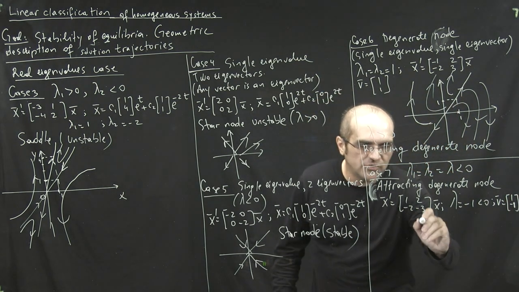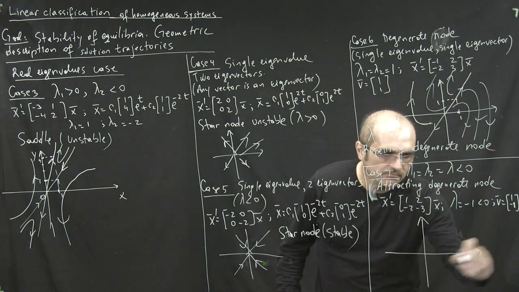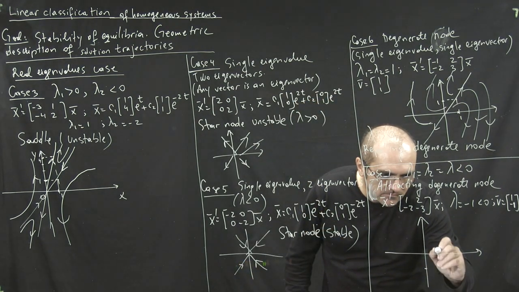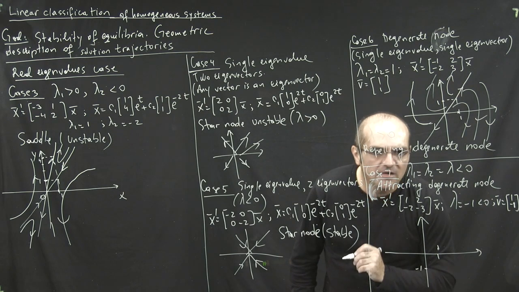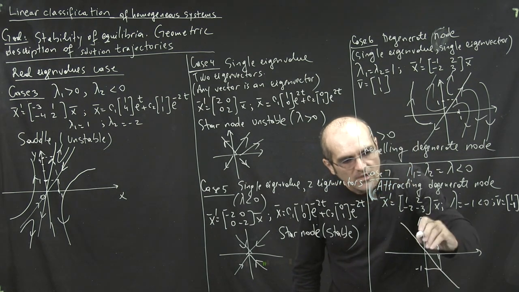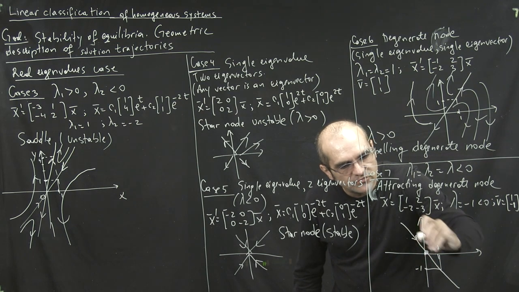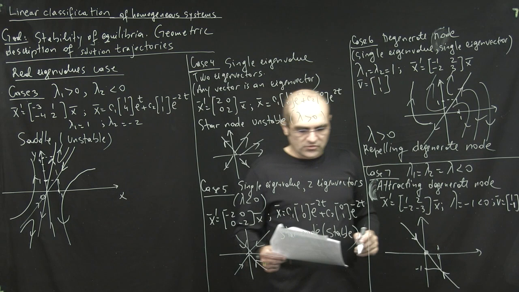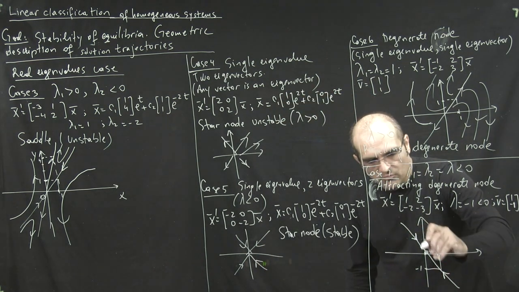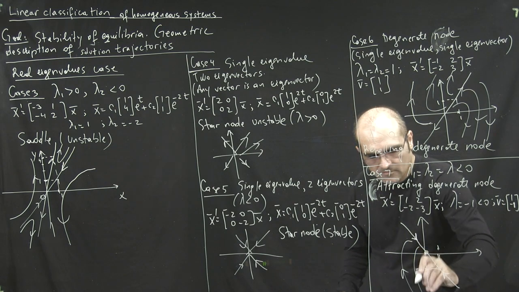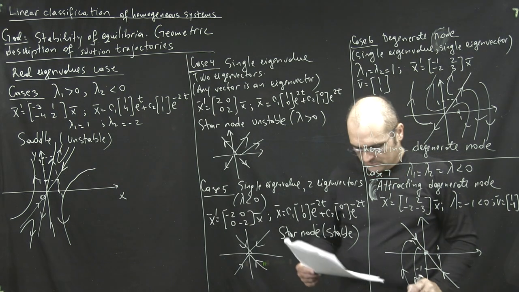All right, so the picture looks like this. Eigenvector (1, -1). If you start on it, you move towards 0. And all other solutions will move towards 0 as well, like that.